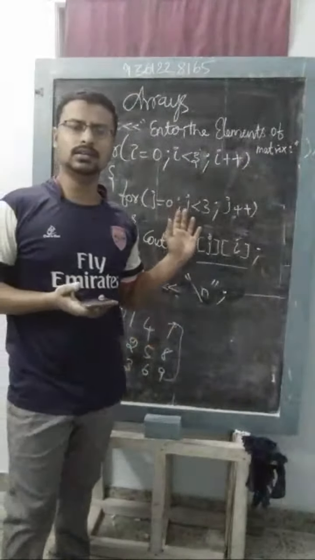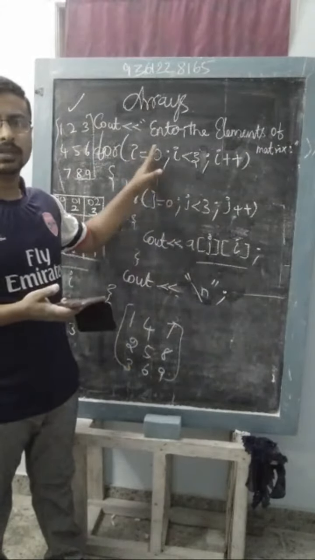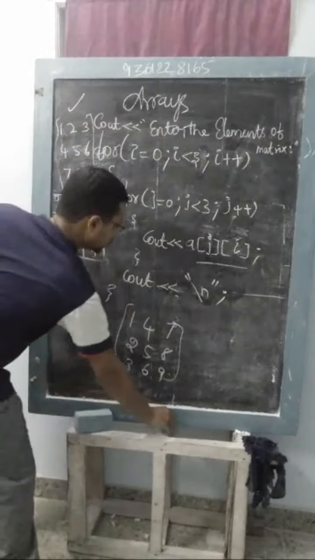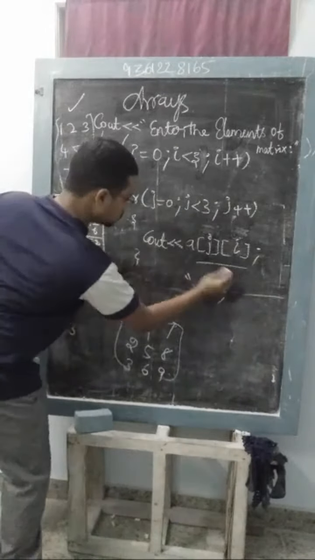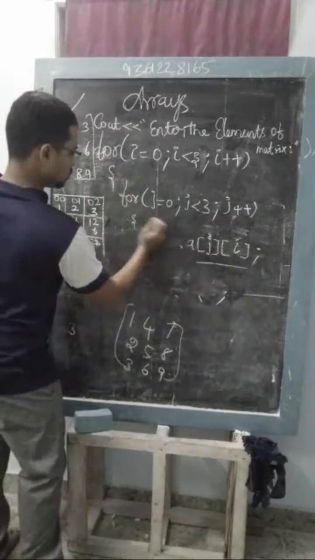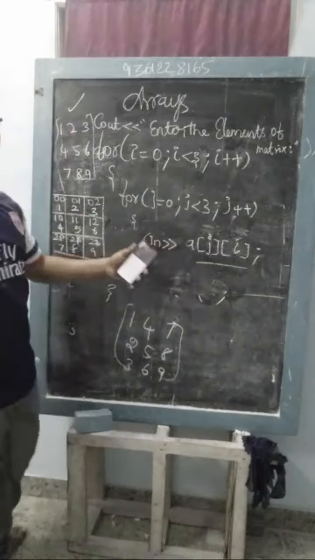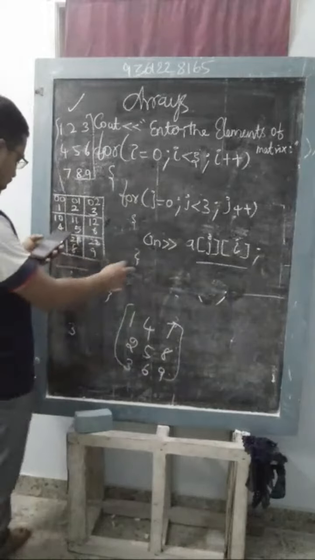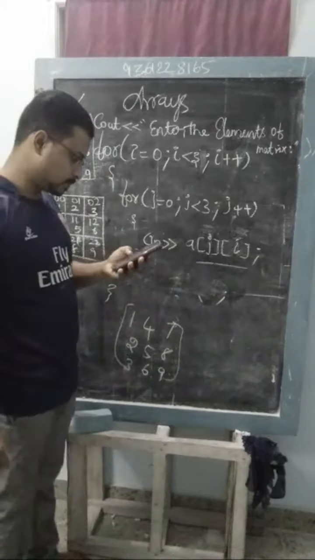We already saw it with the help of a for loop, if you are putting cin, sorry, cout. This is the way we are giving the value to the variable. Can I give it in the form of a matrix?